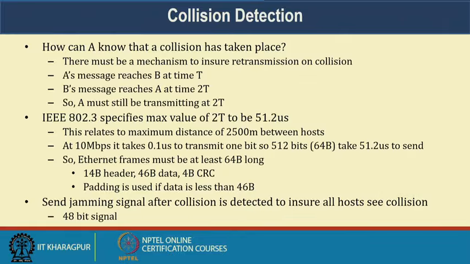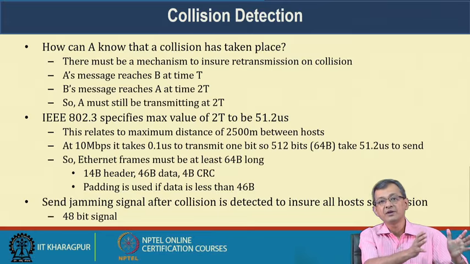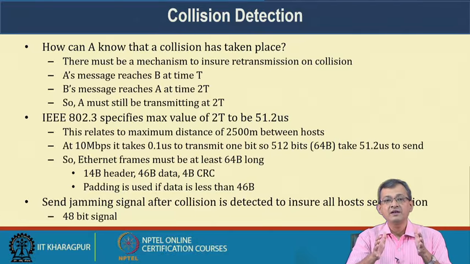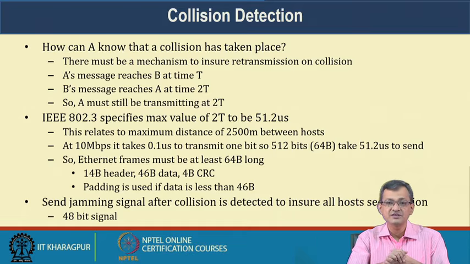Out of that, 14 bytes go to the header, excluding the first 8 bytes of preamble and SFD, and 4 bytes go for the FCS or the CRC check. So, a minimum of 46 bytes of payload is required, otherwise I cannot guarantee that I can detect a collision. That is why the payload length has been specified as 46 to 1500 bytes.